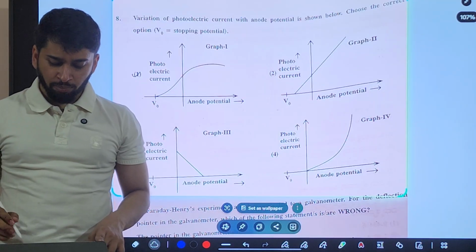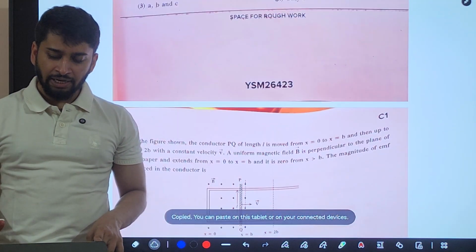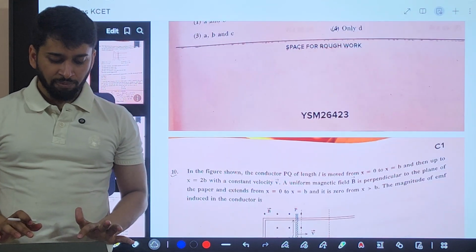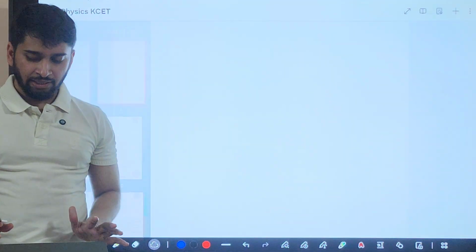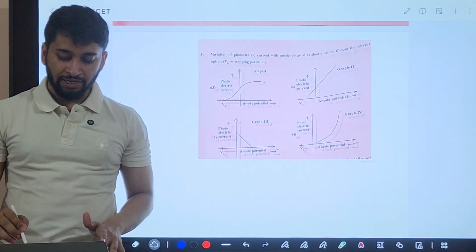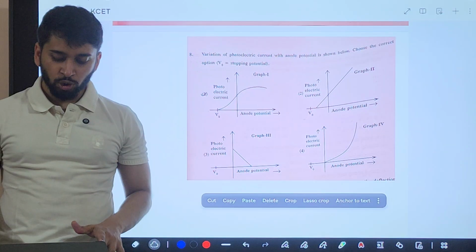But if you decrease the potential, then for a certain negative potential, the current becomes 0, and that negative potential is referred to as stopping potential.